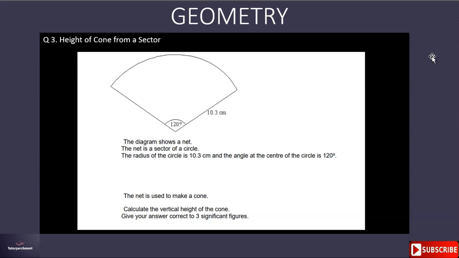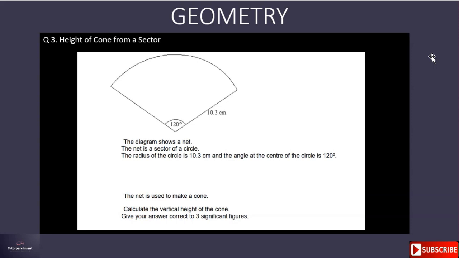In this question, you are given a sector. The diagram shows a net, so the shape of the net is a sector. The net is a sector of a circle. The radius of the circle is 10.3 centimeters, and the angle at the center of the circle is 120 degrees.